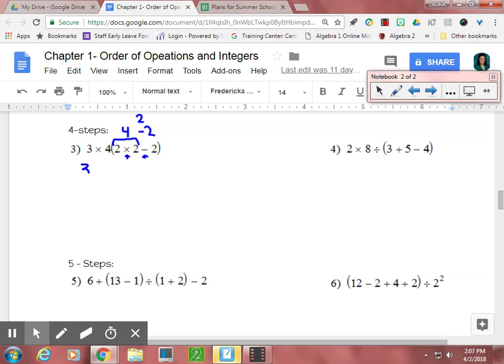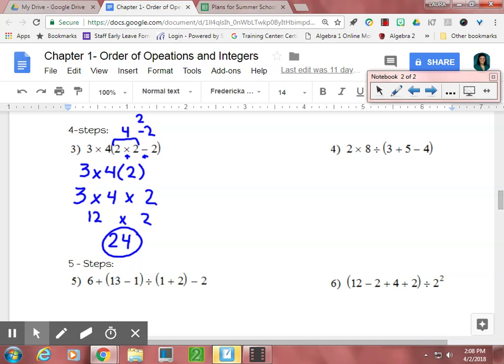So I can rewrite that as 3 times 4 parentheses 2. Okay, so now you just have a big multiplication problem. So really, this is the same thing as 3 times 4 times 2. Well, 3 times 4 is 12, and 12 times 2 is going to give us 24.